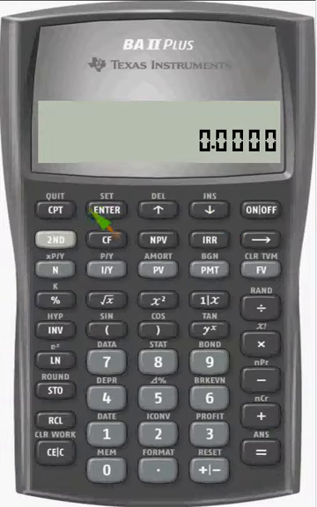This is enter. This is CPT, compute. Some of the functions are above the buttons. To reach them, you first have to use the second shift key, then push the button.